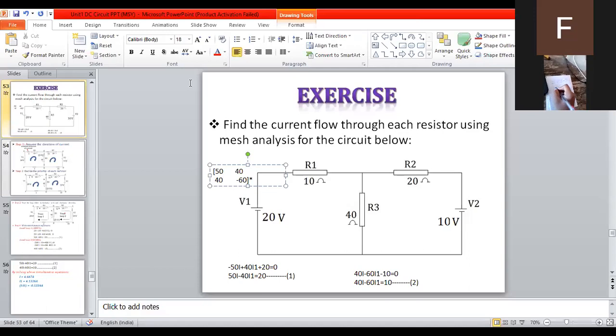So delta equal to determinant, we have to calculate the determinant of this one here now. 50 minus 40, plus 40 minus 60. Determinant of this one is 50 into 60, how much?